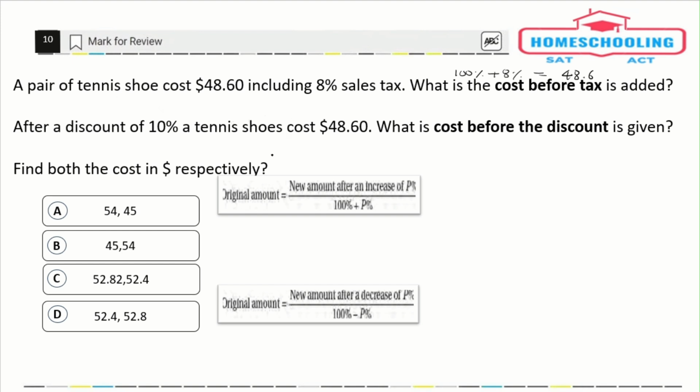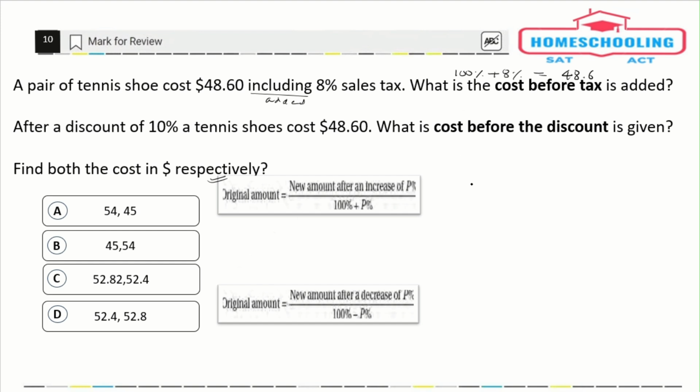Now we have learned in the basics two formulas: if something is added, then we will use this formula to find the original amount, which is the new amount after a percentage increase of p% divided by 100 plus p%. So for this, we will use this formula.